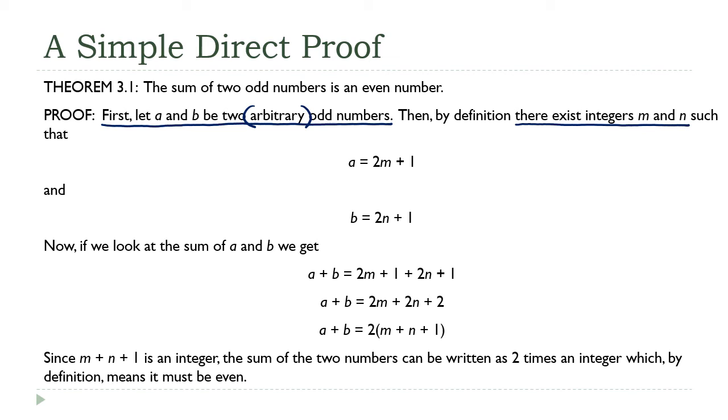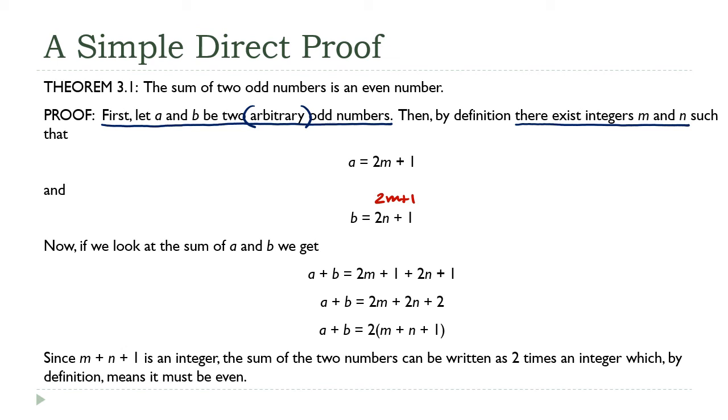And second, I'm being careful never to reuse a variable. Once you've assigned a meaning to a variable, you can't turn around and reuse it for something else. So for example, it would have been incorrect to try to say a is equal to 2m plus 1 and b is also equal to 2m plus 1. a and b are different numbers, so I needed different variables here to represent them.